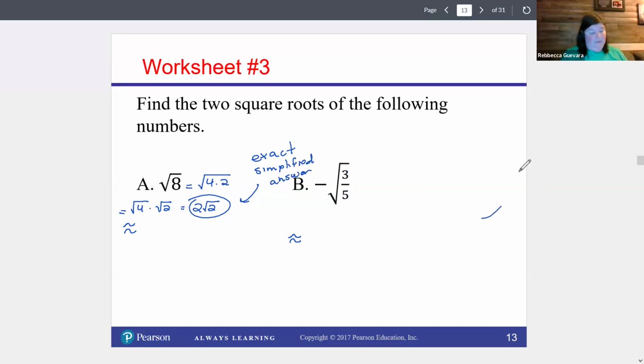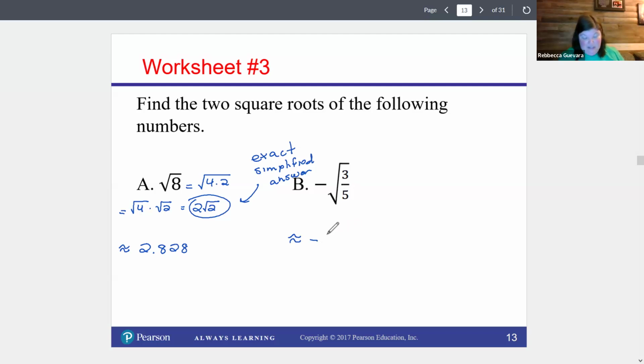But my approximate one, if I did square root of 8, is going to be approximately 2.828. And this one here, I just did negative and I just put in square root and I did 3/5 on my calculator.